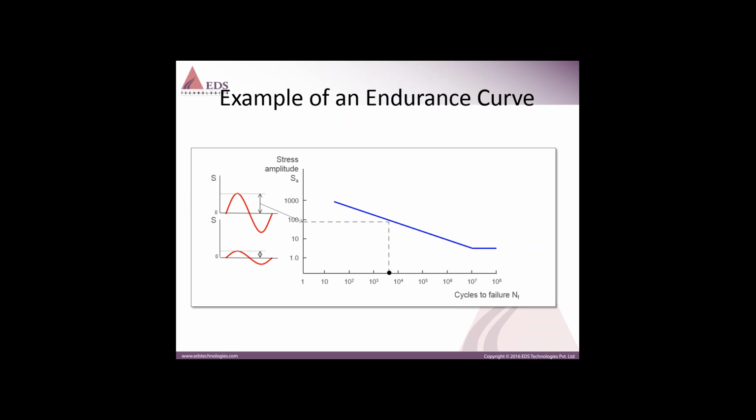Now the stress amplitude is reduced, and you can see the life has increased. So this is a typical approach we can see in the old SN type of curve.